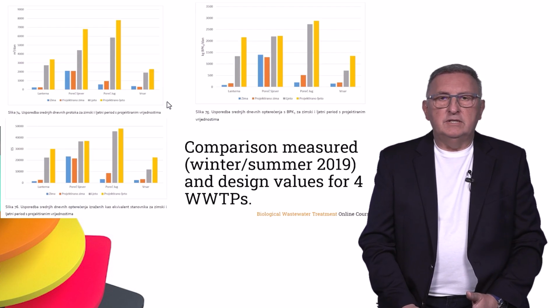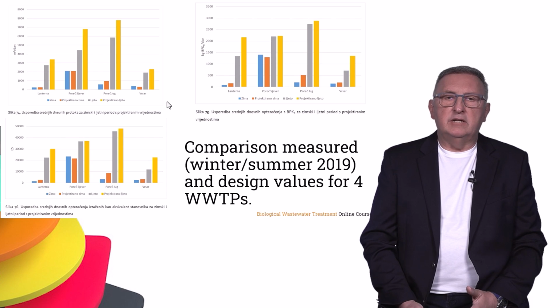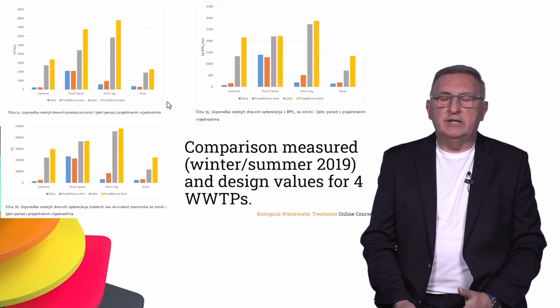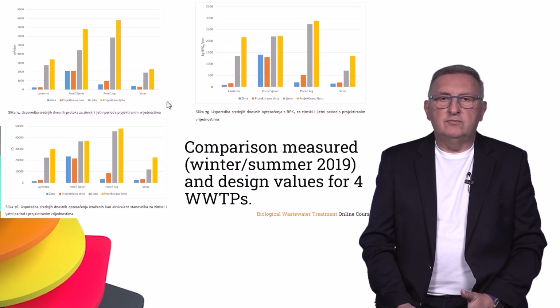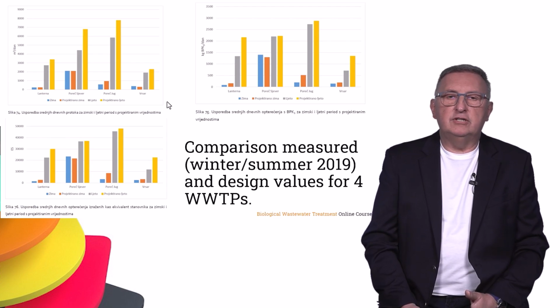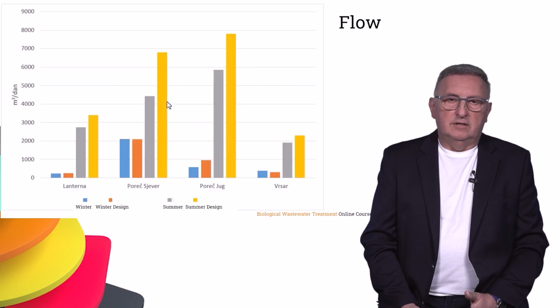So what was interesting at this particular stage of this project was to compare the measured data in winter and summer 2019 with design values for the 4 wastewater treatment plants, because we also aimed to verify the starting point of the engineering design and to see if the treatment plants are really capable of treating the current load.